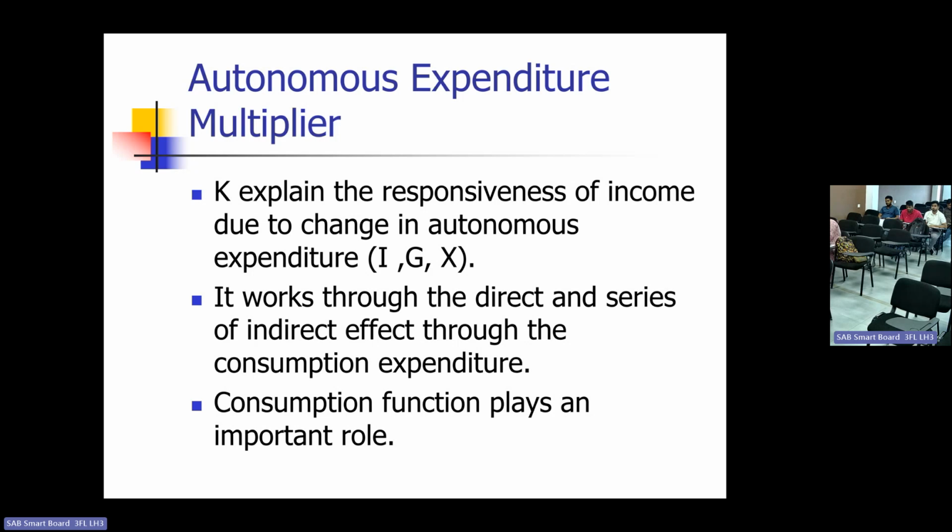If we analyze our import structure, it mainly comprises import consumables, intermediate products, and capital goods. There are three components. Intermediate products are related to petroleum and fertilizer, and apart from that, machinery and capital goods. And mostly we import consumables, essential goods. So when we talk about the import function, imports mainly depend on income.